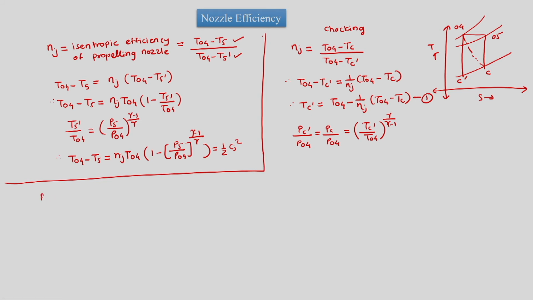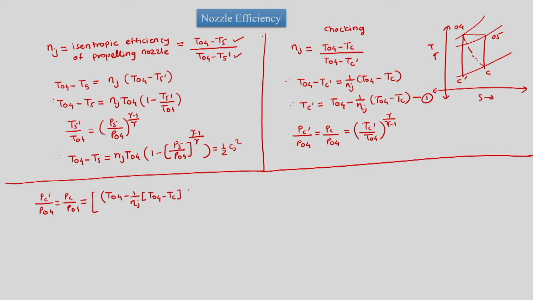So we can write down Pc dash upon P naught 4 is equal to Pc upon P naught 4 is equal to, instead of Tc dash we can write T naught 4 minus 1 upon Nj into T naught 4 minus Tc, into 1 upon T naught 4 bracket raised to gamma upon gamma minus 1. So we can get Pc is equal to Pc dash.